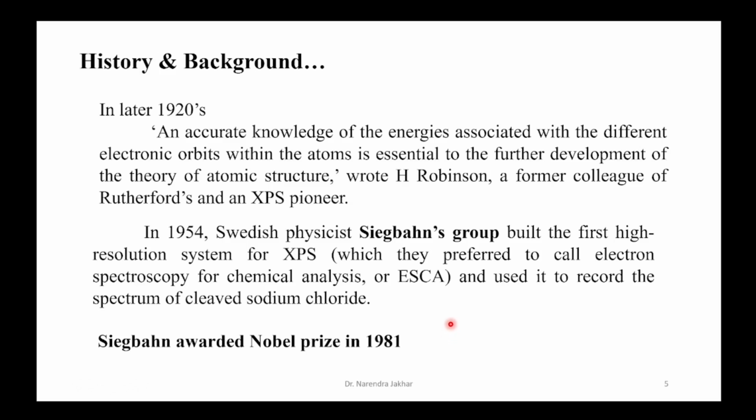He got the Nobel Prize in 1924 for X-ray physics. So both father and son worked in the same field, and interestingly, Siegbahn got his PhD degree under the supervision of his father. So the Siegbahn family is a Nobel business.